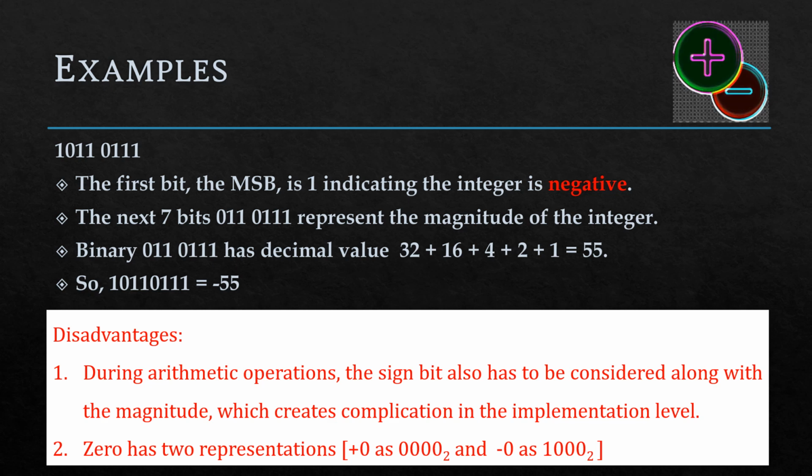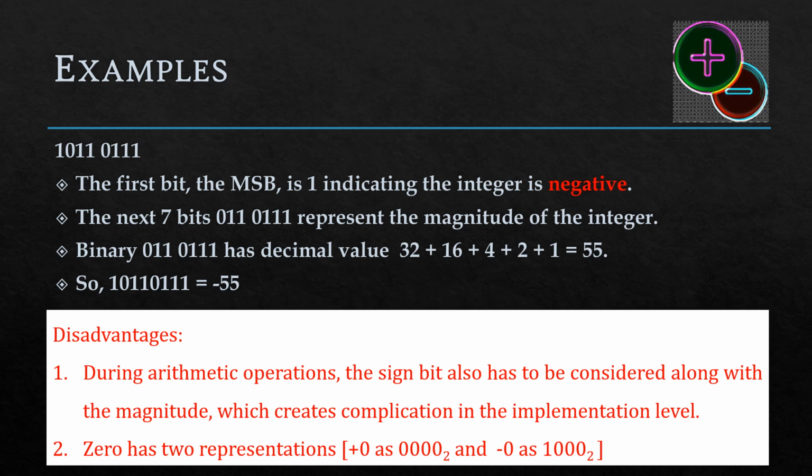Here we are given a binary number, 1 0 1 1 0 1 1 1. The first bit, that is the MSB, is 1, which indicates that this integer is negative. The next 7 bits, 0 1 1 0 1 1 1, represent the magnitude of the integer. The corresponding decimal value of this binary is 55.